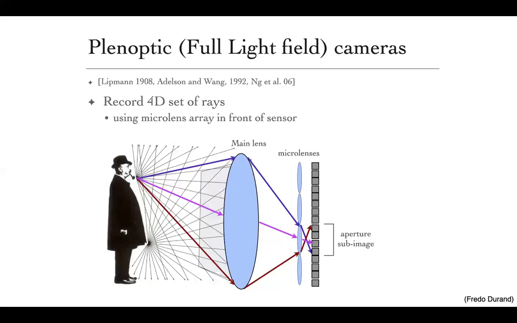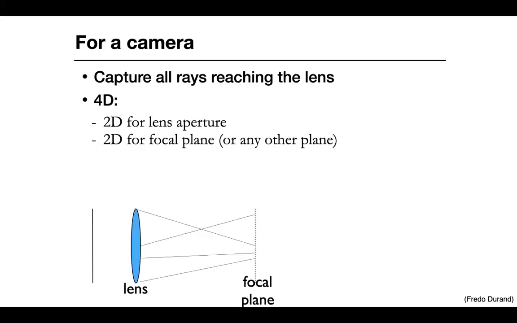And so let's understand how we can represent a 4D light field that's captured from one of those cameras. The idea is that we want to capture all the rays that are reaching the lens and arrive at the sensor. So we have 2D for the lens aperture and 2D for the focal plane. And by that, we discriminate which rays come from which directions, and we can put that in our representations.